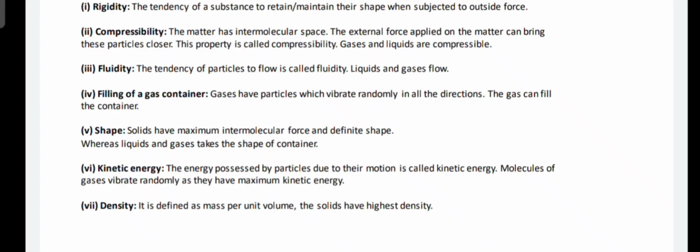Kinetic energy is the energy possessed by particles due to their motion. I already made you understand. So molecules of gases vibrate randomly as they have maximum kinetic energy. Now the density is defined as mass per unit volume. The solids have highest density.